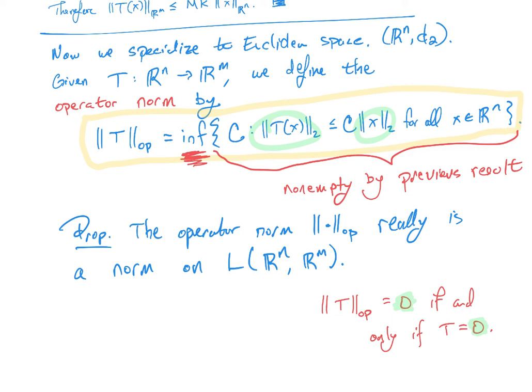I will save that fun for the lecture notes, because we've got one more result to look at. In the lecture notes, you'll find a complete proof that this operator norm really is a norm.